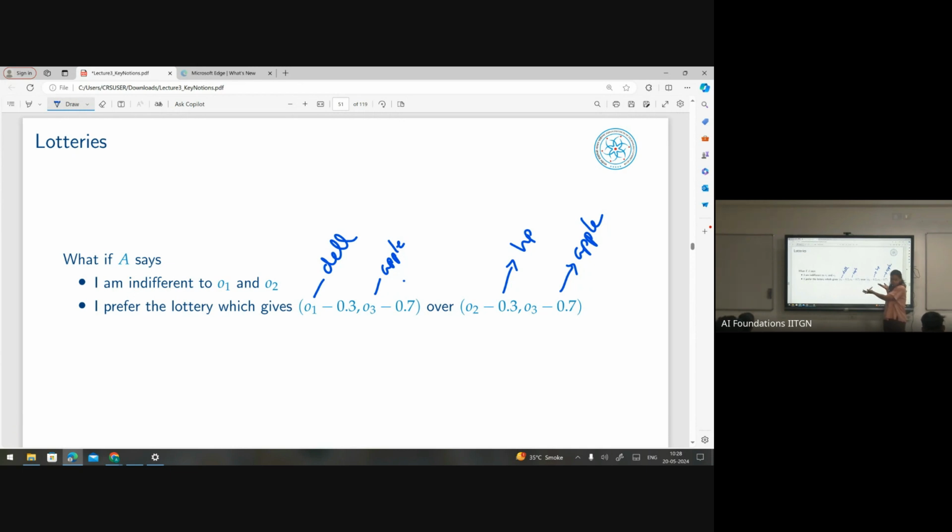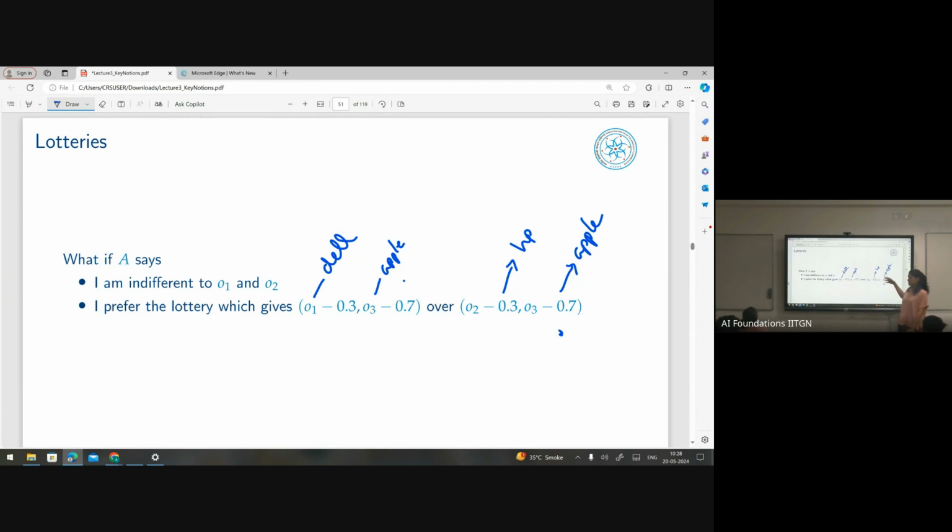You should be indifferent as well. Are you following? So I should also be indifferent to these lotteries. But what it says is I prefer this lottery over this. So now how do I assign numbers which give me the same utility for both Dell and HP, but different utilities? I really can't, right? Are you able to see?